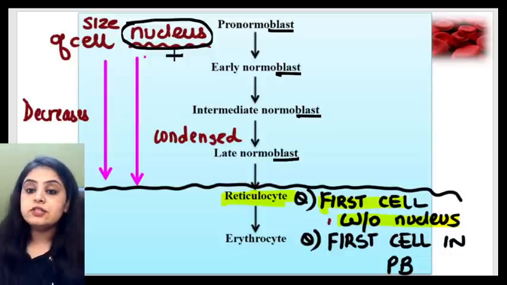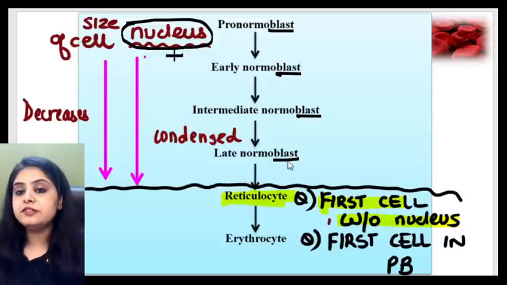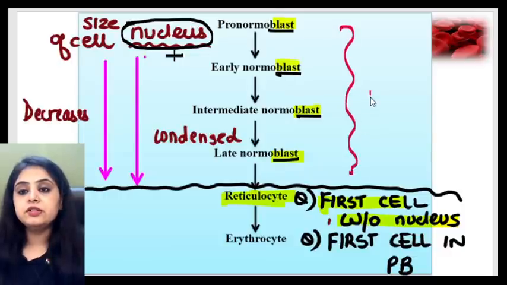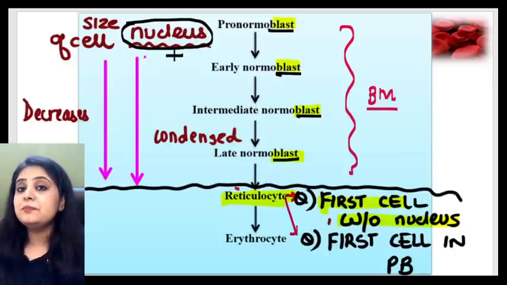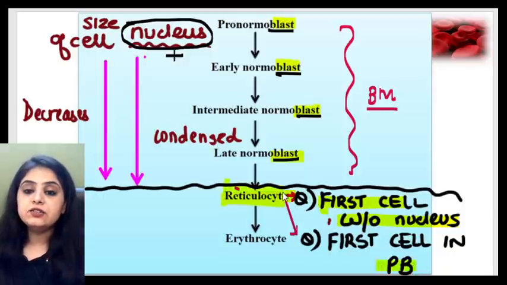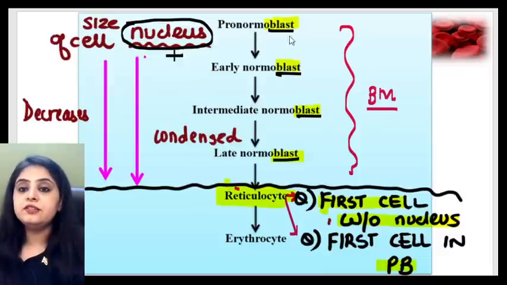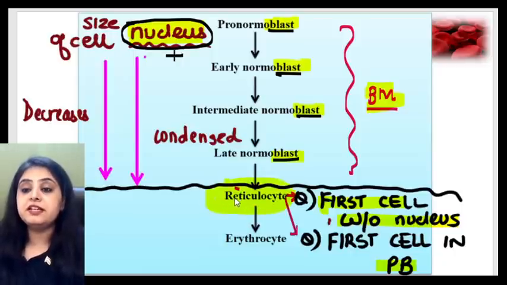Also, this division is very important because whatever is there till the blast phase is going to be in the bone marrow. All these cells are present in the bone marrow. If I ask you which is the first cell which is present in the peripheral blood of the patient, that is also going to be a reticulocyte. So repeating for all of you, all the cells with the word blast are going to have a nucleus. They will be present in the bone marrow. Reticulocyte will be the first cell without a nucleus, and it will be the first cell in the peripheral blood.